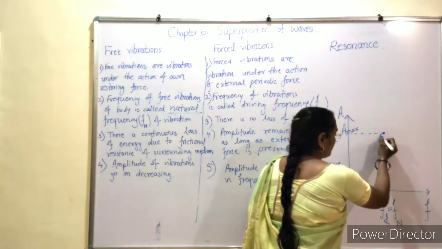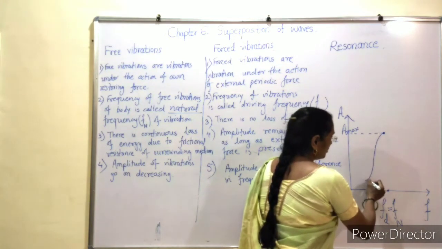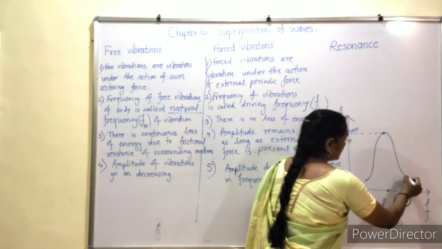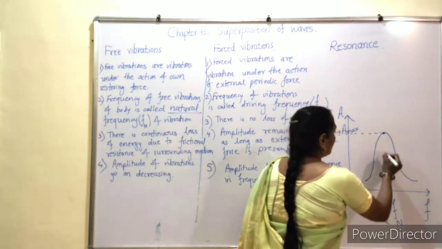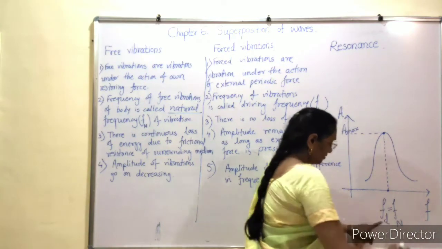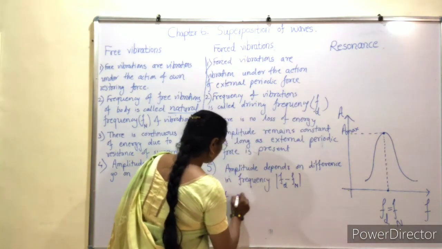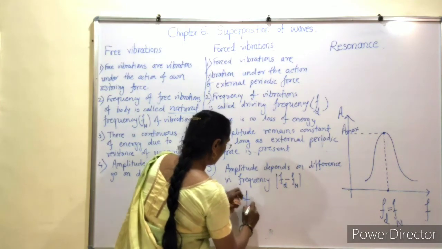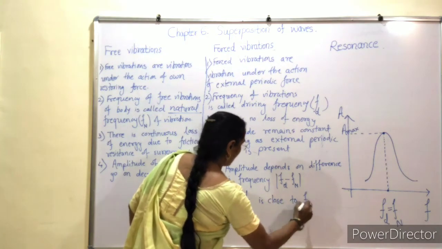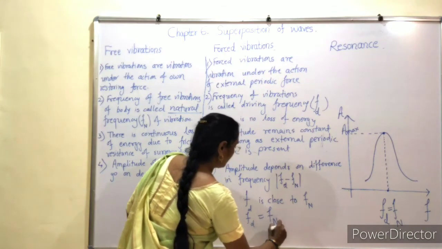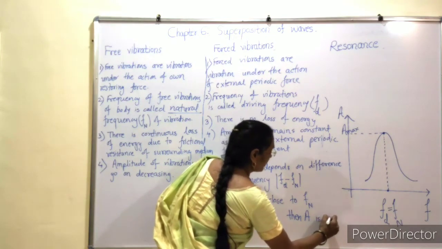If the frequency is less than the natural frequency, then amplitude is small. If the frequency is greater than the natural frequency, then also amplitude is small. But if the driving frequency Fd is close to Fn, or Fd is exactly equal to Fn, then A is maximum.